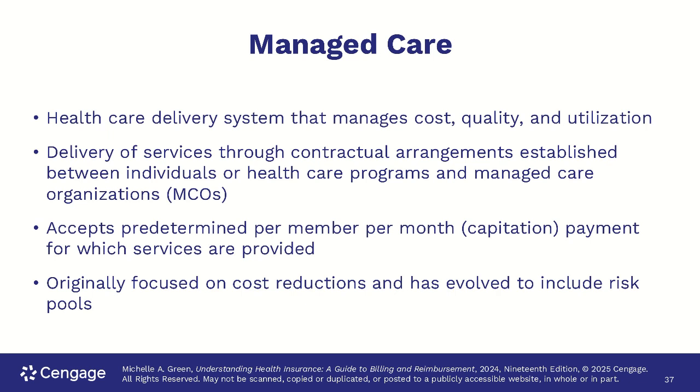With managed care, one term that you definitely want to be familiar with is capitation. And basically, I want you to get this: capitation means that, and let's just use a doctor who contracts with a particular insurance company, the doctor is going to receive a set dollar amount per member per month.